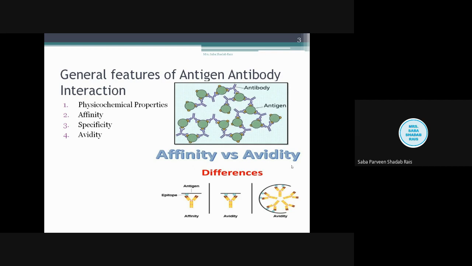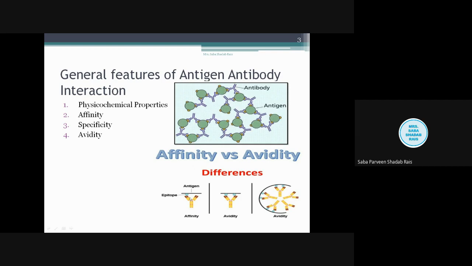They can bind to 10 epitope regions. So here they have the maximum avidity. There may be a chance that it can bind all of its 10 paratopes to epitopes. And affinity is the interaction between one antigenic site, that is one epitope, and one paratope.